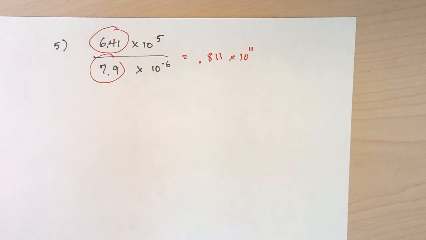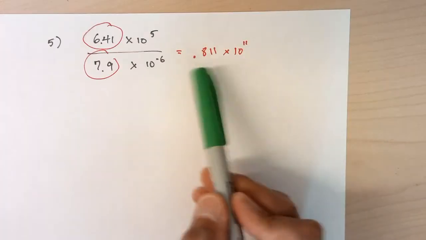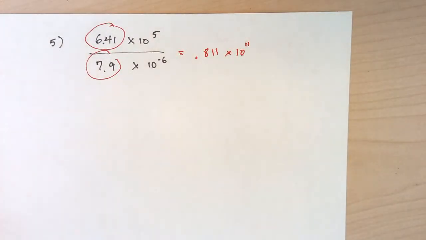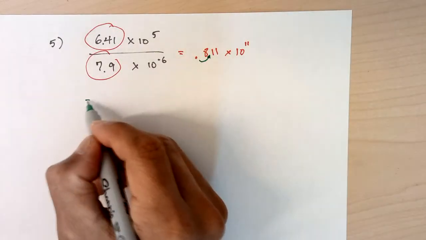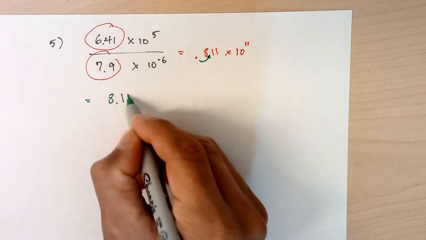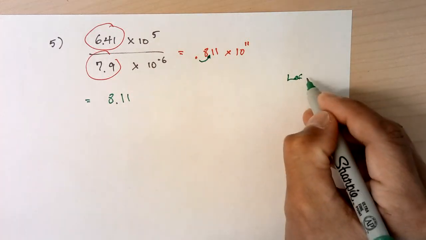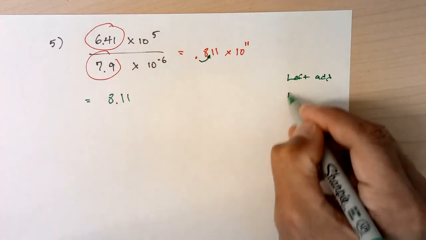Now what we end up with is a number not quite in scientific notation. So we need to change this. I need to change the 0.811. There's one non-zero number to the left of the decimal, so I move the decimal one place to the right to change that. So it becomes 8.11. Remember the left add, right subtract rule.